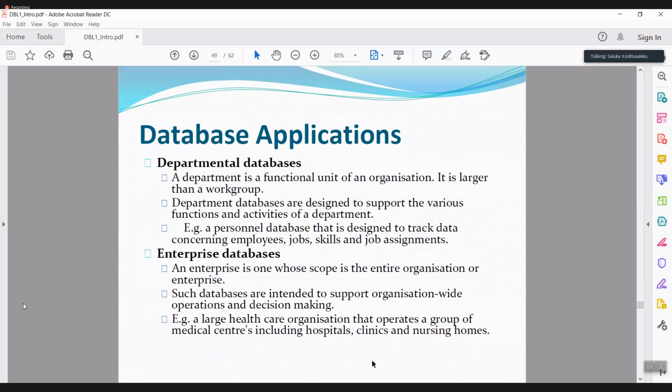For example, when we talk about a particular organization, there may be departments like sales department, human resource department, purchase department, accounting department, and so on. And if there is a database created for sharing information or data among that particular department's members, then it is a departmental database.